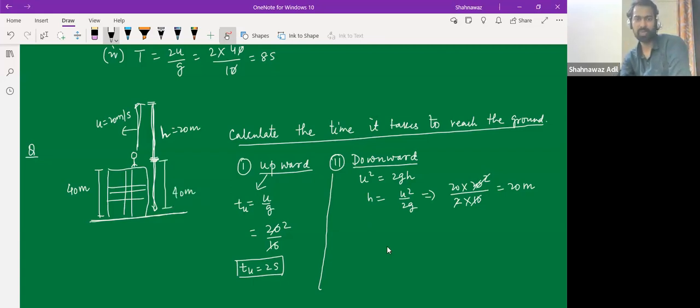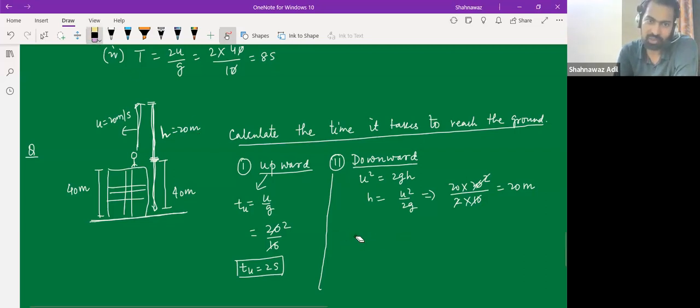Okay, guys, now we have to calculate the total time it takes to reach the ground. So we have to calculate time downwards.